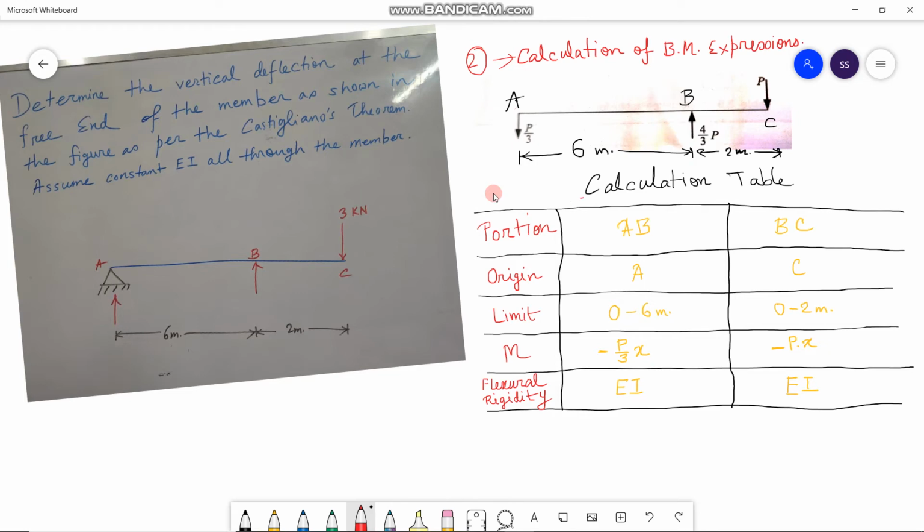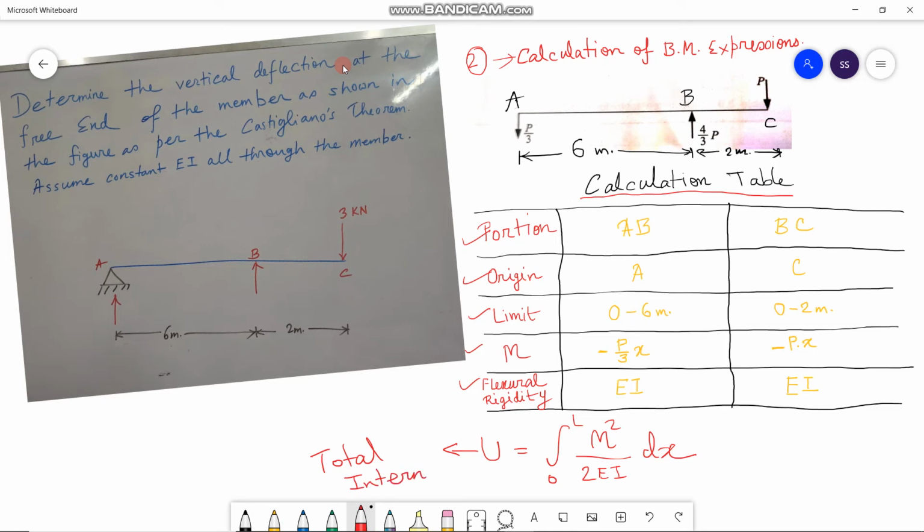Here in this calculation table, all the items are summarized in order to calculate the total internal energy using this formula, that is integration 0 to L M square by 2EI dx, where U is the total internal energy.